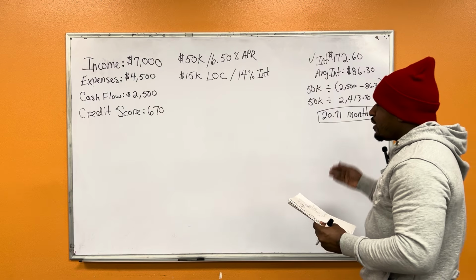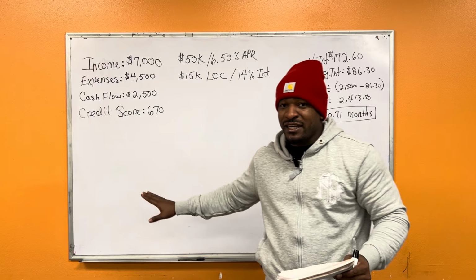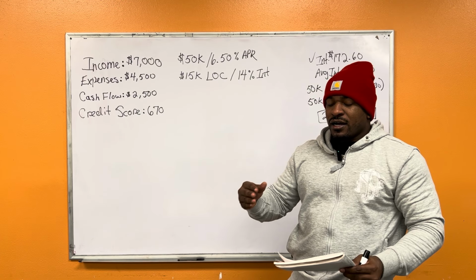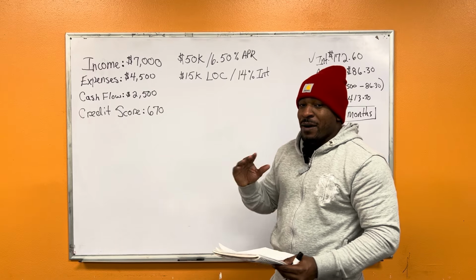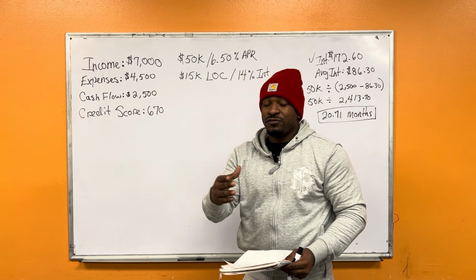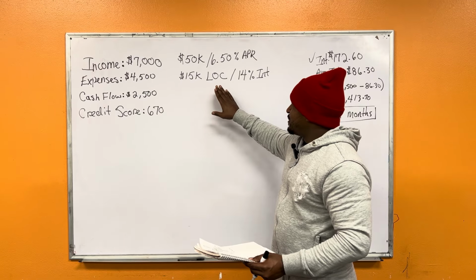Now, I already want to know, coming out the gate, how much interest he is going to pay by paying off this $50,000 debt, how much interest he's going to pay in total.